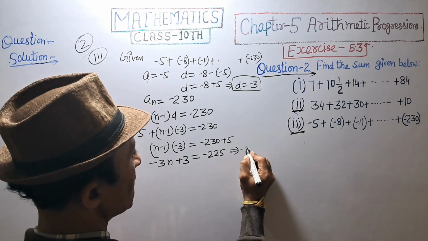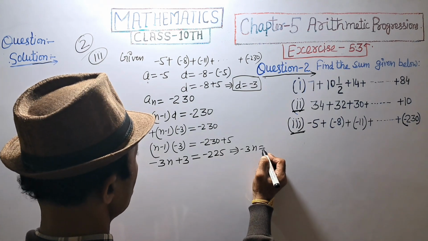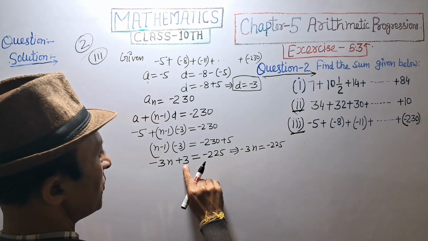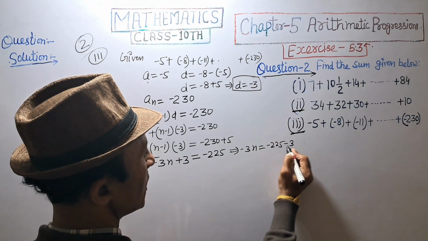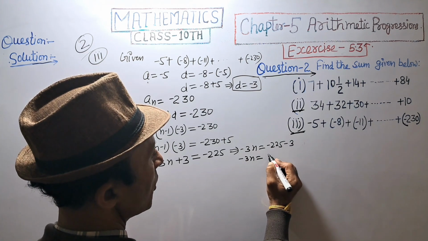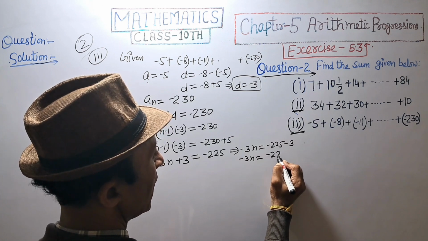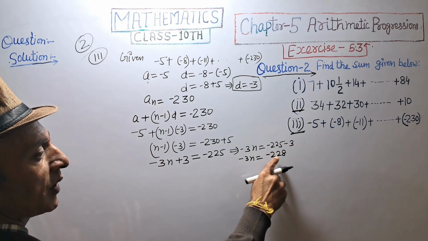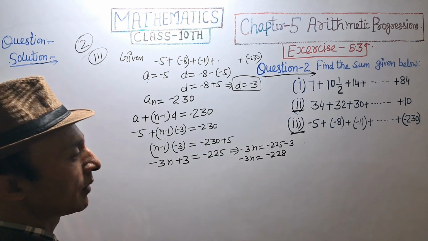This implies minus 3n is equal to minus 225. Shifting right side minus 3, minus 3n is equal to minus 228. Adding 225 and 3, we get 228.